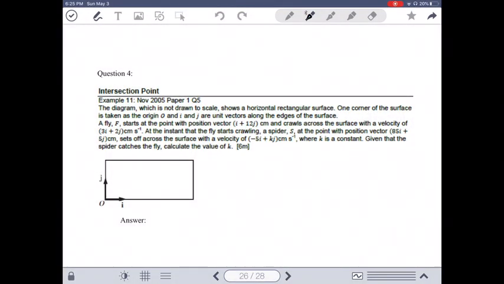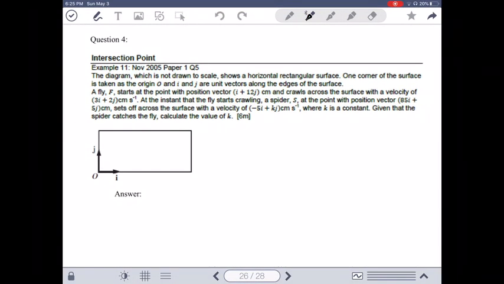Alright, now we move on to a harder question. I'm not sure whether this kind of question will be asked in your IGCSE examination, because we are having a new syllabus this year.